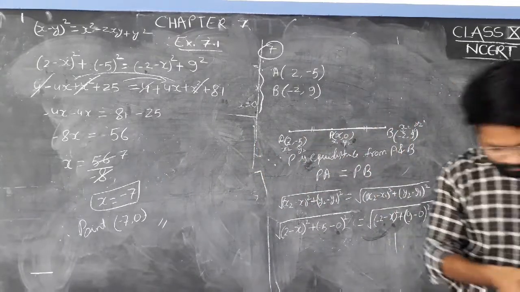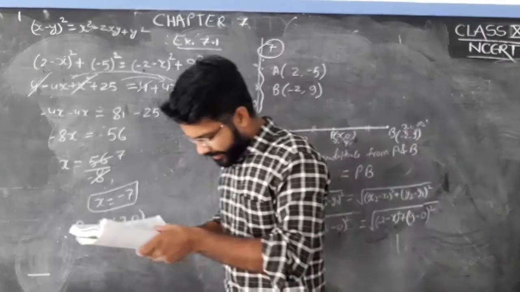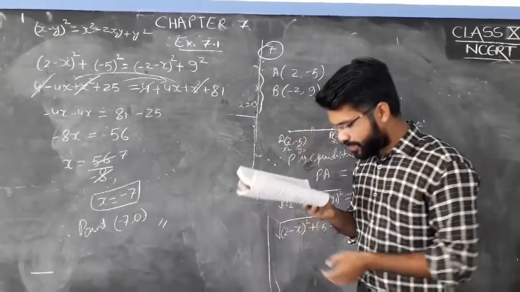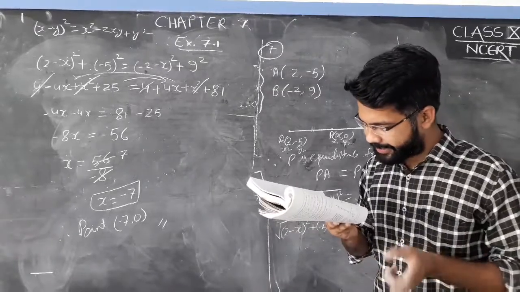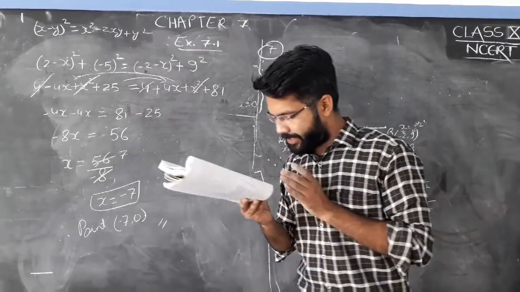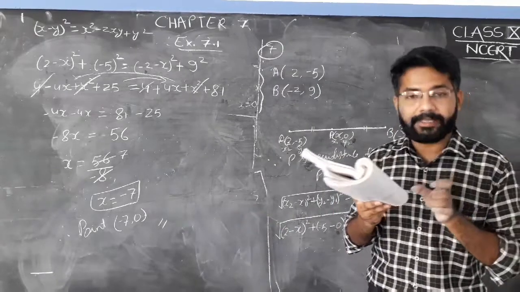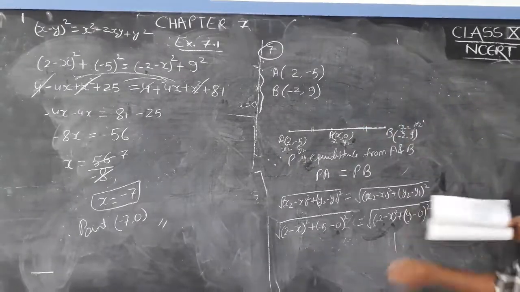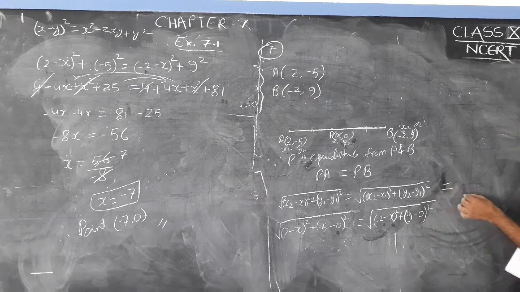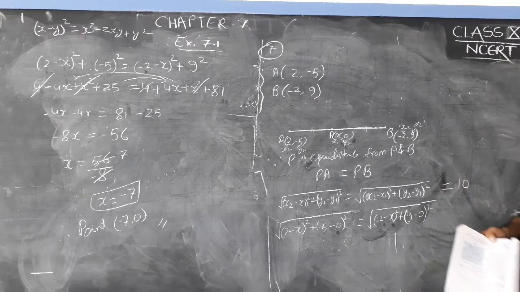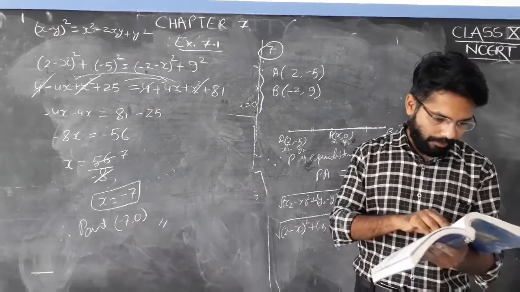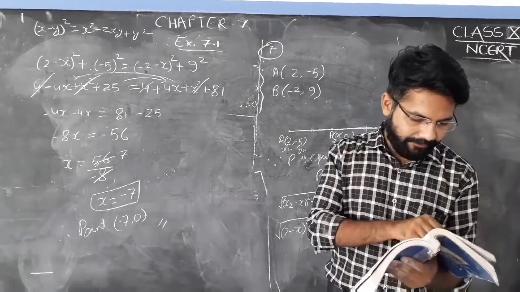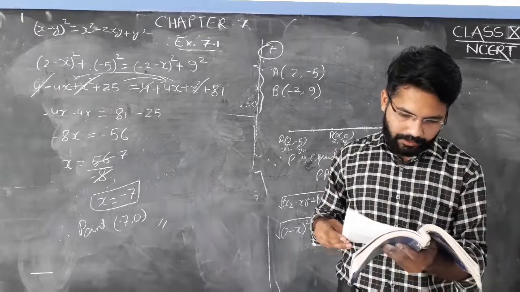Next question, what you have to do? Find the value of y for which the distance between the point P (2, -3) and Q (10, y) is 10 units. Means distance between P and Q is given equal to 10. Okay, so question number 8 you have to solve.